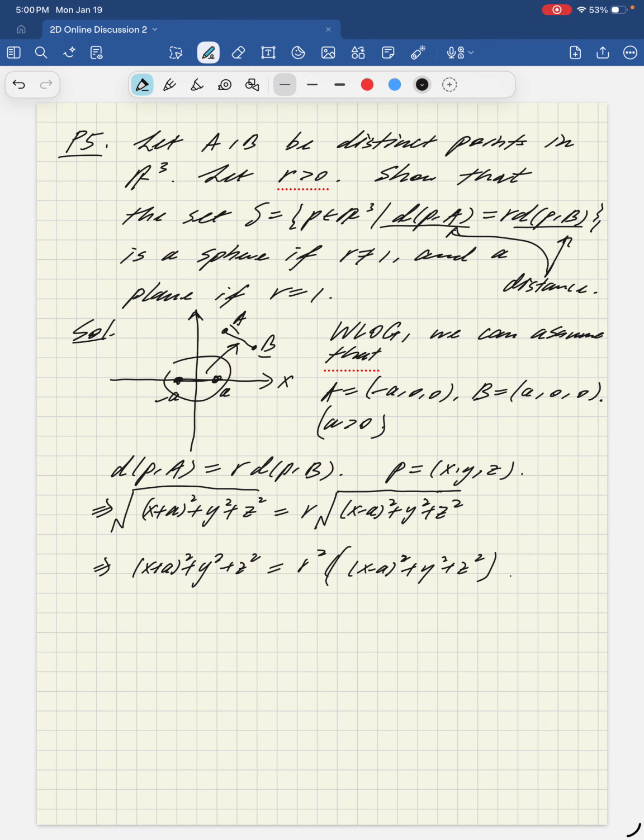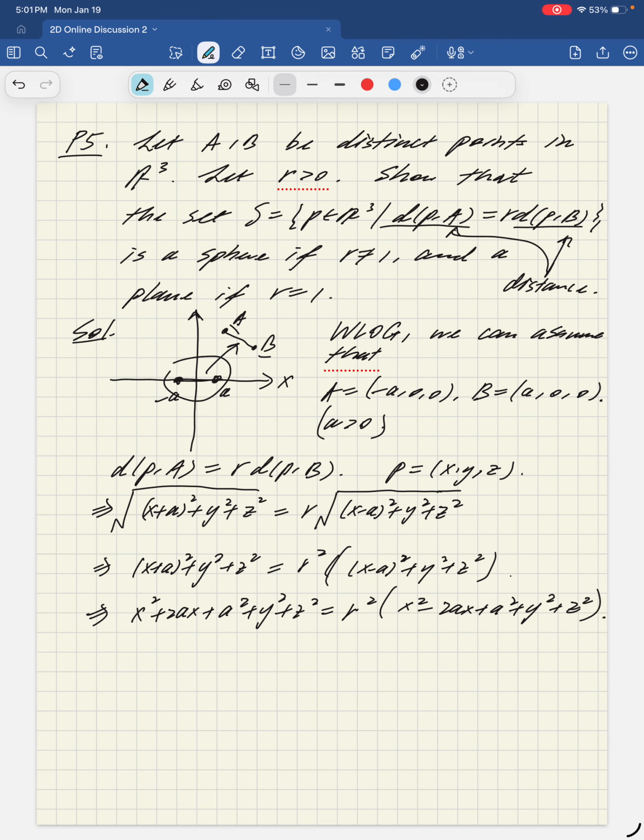Great, now we can just open up the parentheses, getting x squared plus 2ax plus a squared plus y squared plus z squared equals R squared all times x squared minus 2ax plus a squared plus y squared plus z squared.